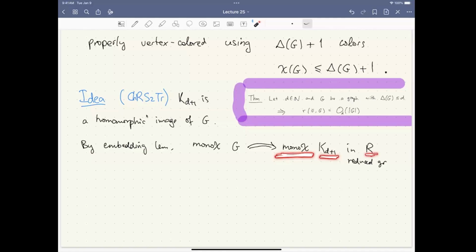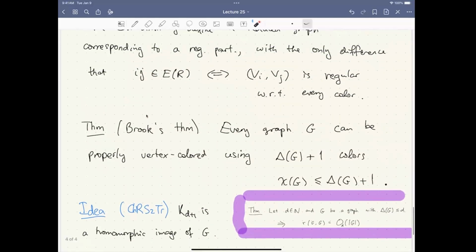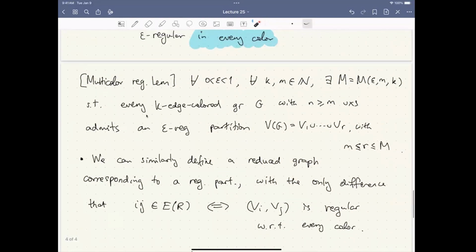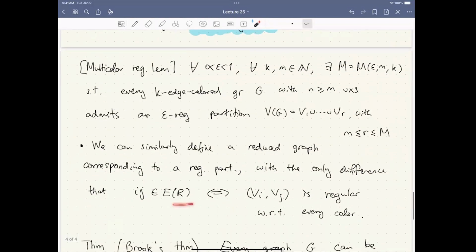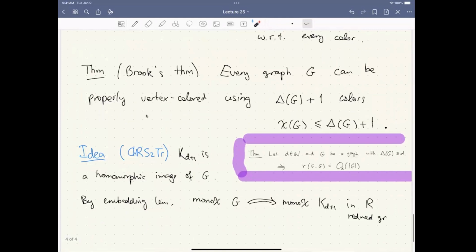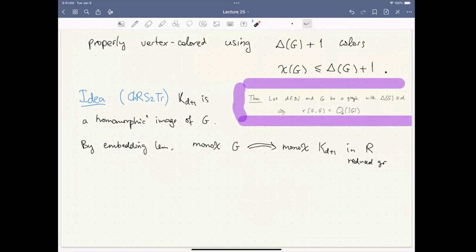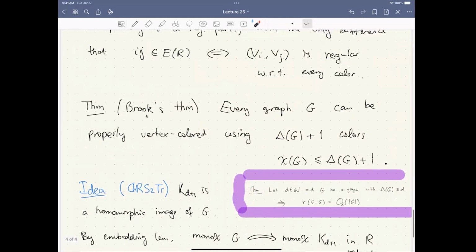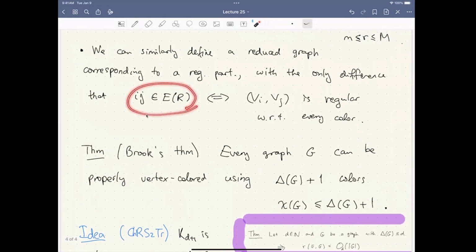We did define the reduced graph in the multicolor regularity lemma, where an edge represents a pair of clusters that's regular in every color. We didn't give a coloring on this reduced graph. In this case, we're going to use the majority coloring. When there is an edge in the reduced graph, we know that V_i V_j is regular for every color. Now we can give it a coloring.